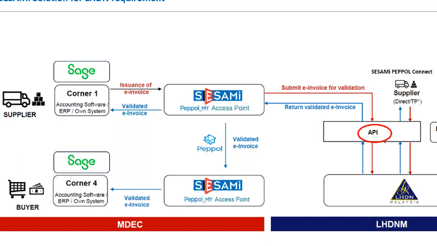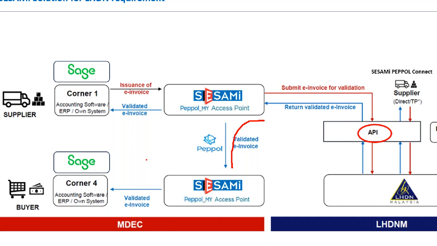LHDN then sends back to us the validation of the invoice, a unique identification number. It goes back to PEPPOL, then back to Sesame, and from Sesame it gets sent on to whoever the buyer of that product is. Hopefully they're a Sage product. If not, it could be another product. So that's basically what happens.